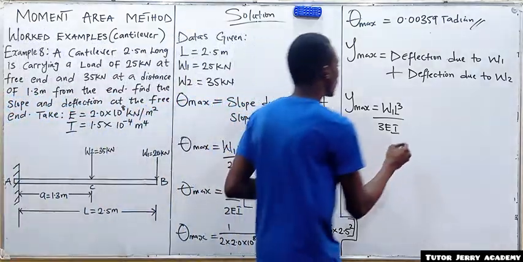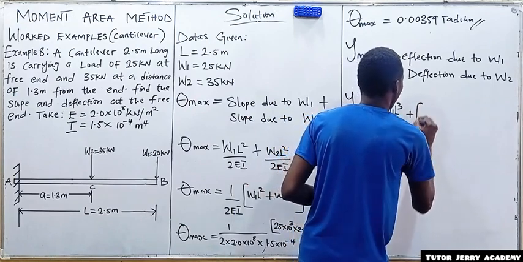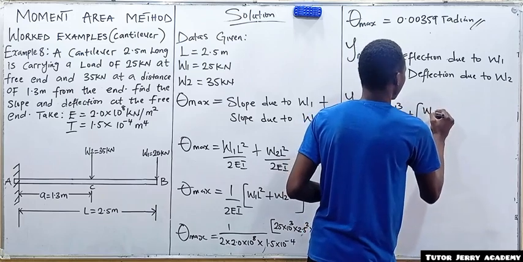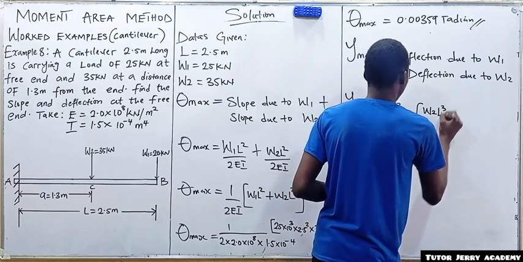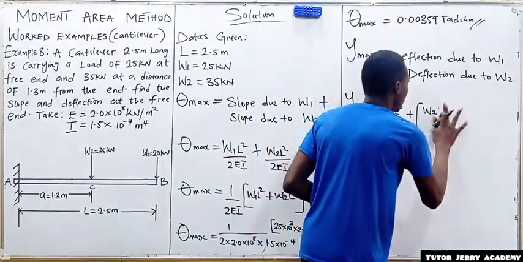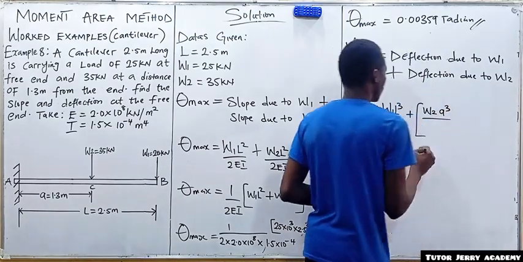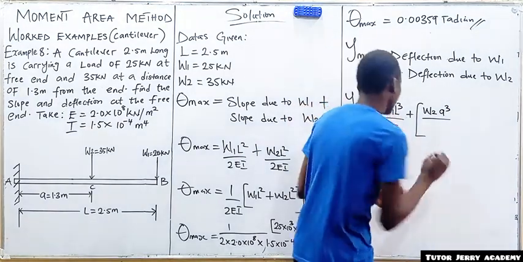So this will be plus the bracket of W2 A to the power of 3 all over 3EI.